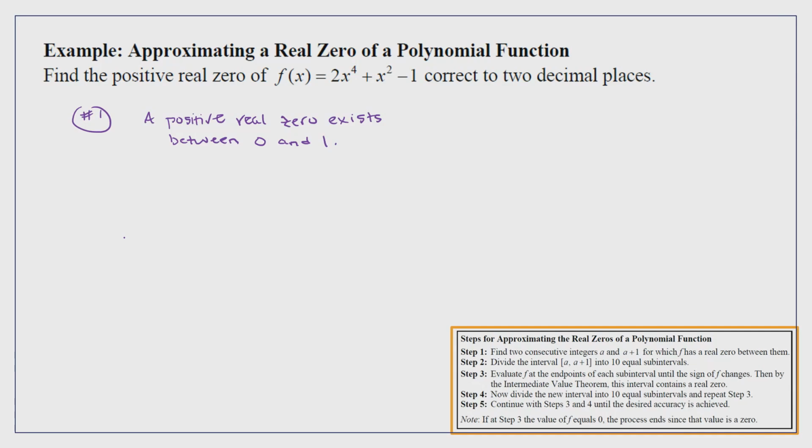If you didn't know the values, you would use the upper and lower bounds that we worked on to try and find a potential 0 that could exist. All right.